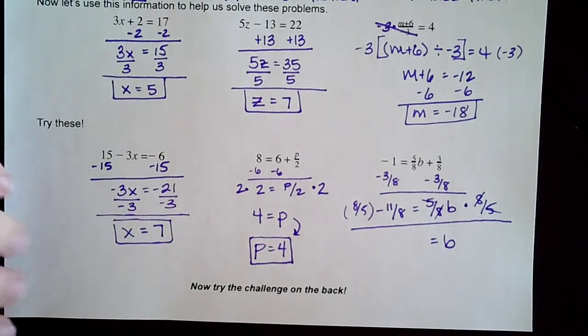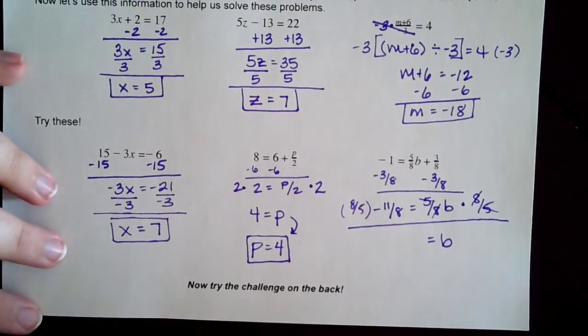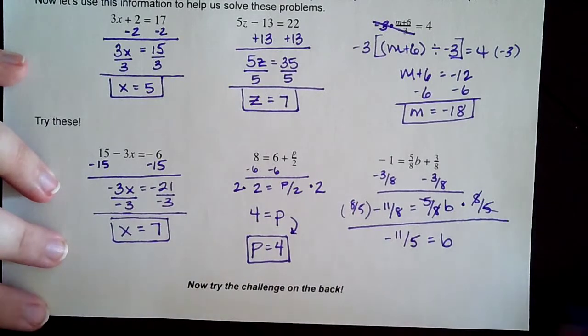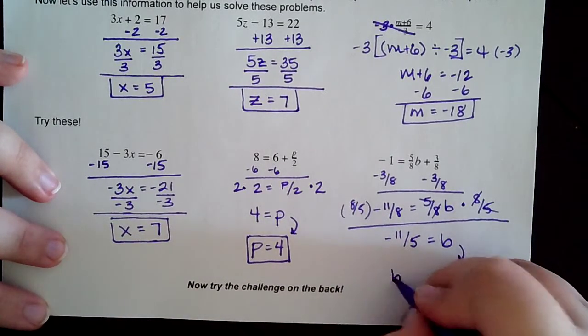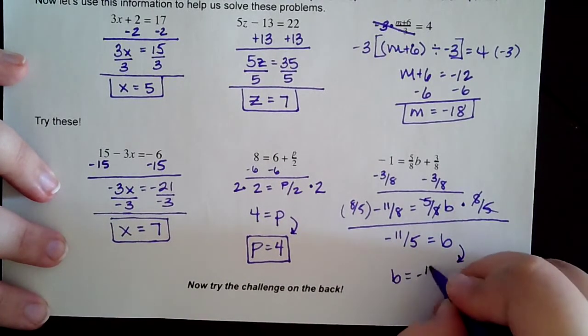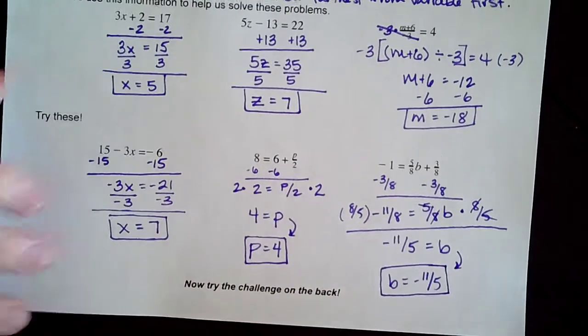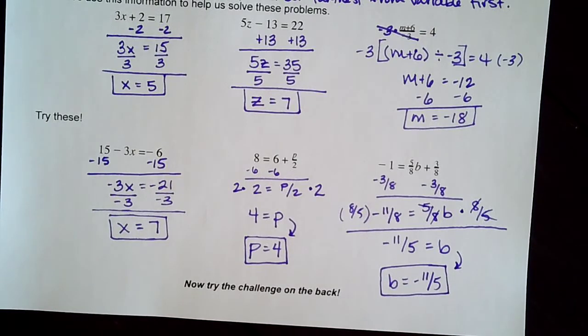Negative 11/8 times 8/5 is going to be negative 11/5. Make it look pretty by switching your variable to the left side and box it. Circle it, box it, whatever you like.